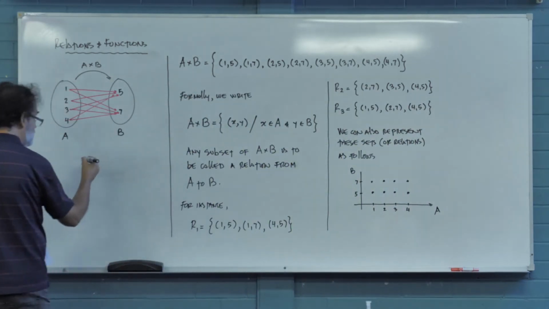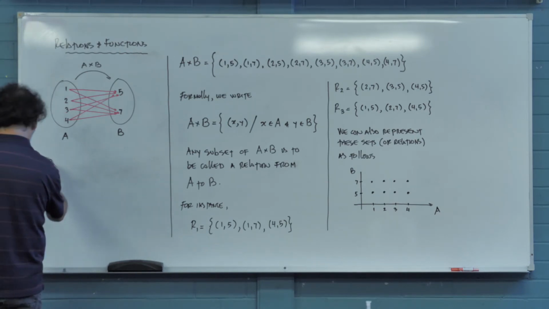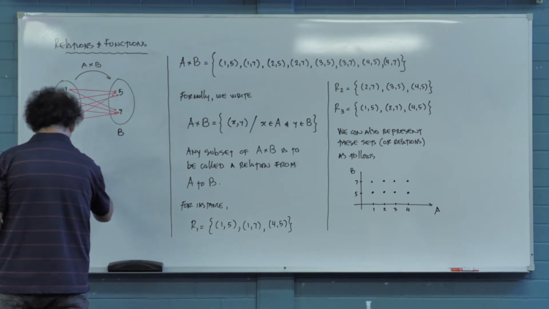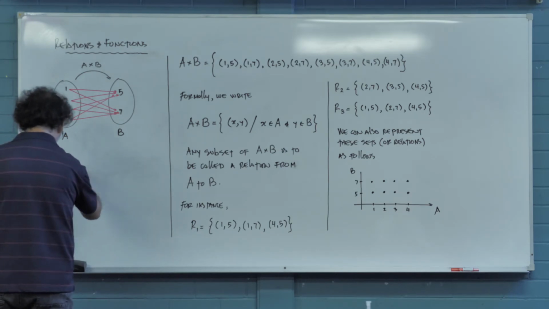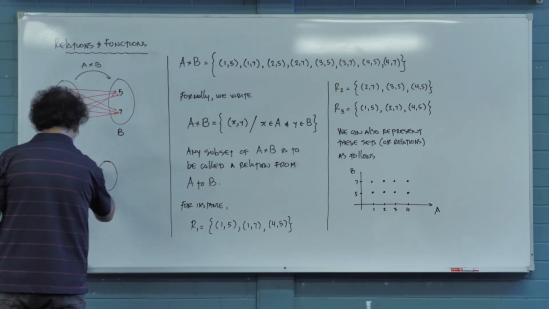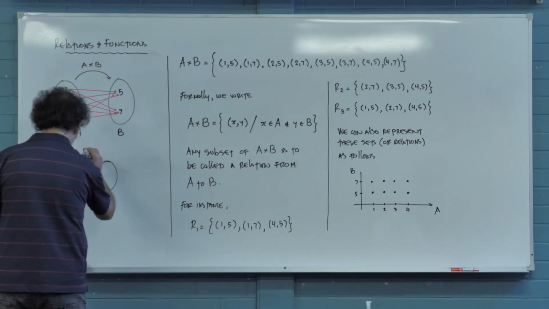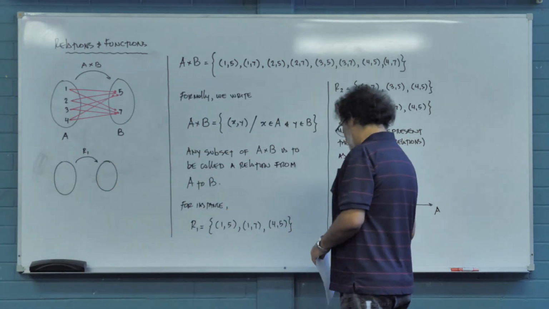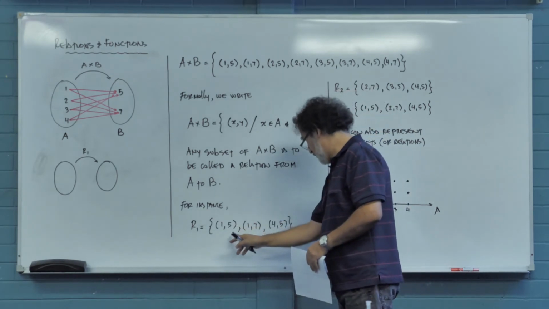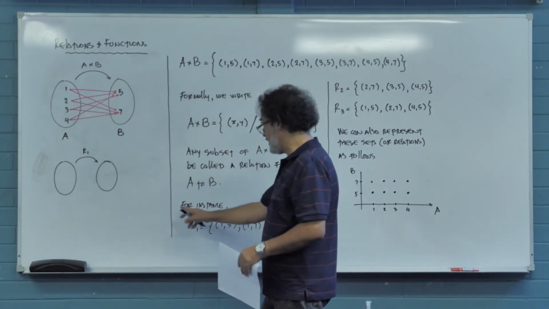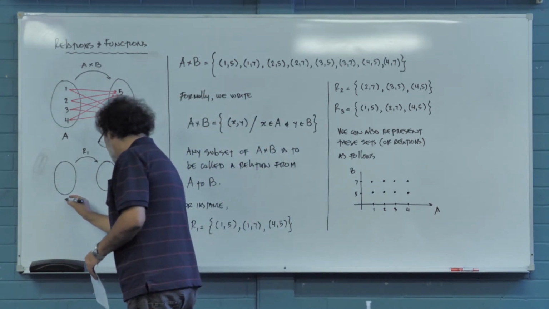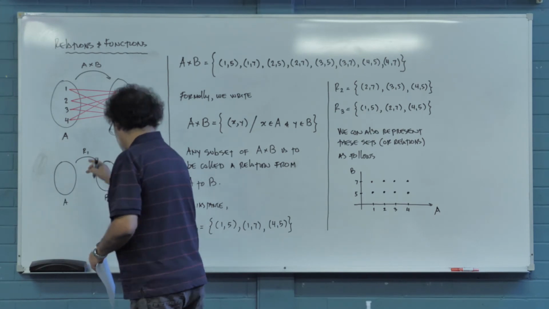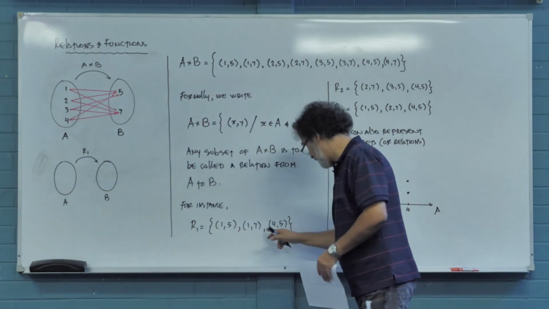Okay, so I want you to do the same for the first relation. So relation 1. So we're going to have, actually, I'm going to do it like, okay, so this is my 1. You can see that for R1, in this set here, we're going to take not the entire A, but we're going to take 1 and 4.